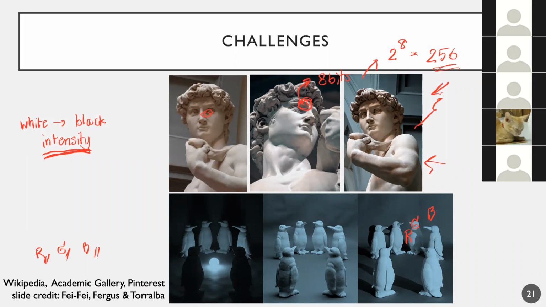The top row is the image of the David sculpture, right? In Florence, sculpted by Michelangelo. You see that they are the same sculpture, but it has been taken from different angles or points of view.